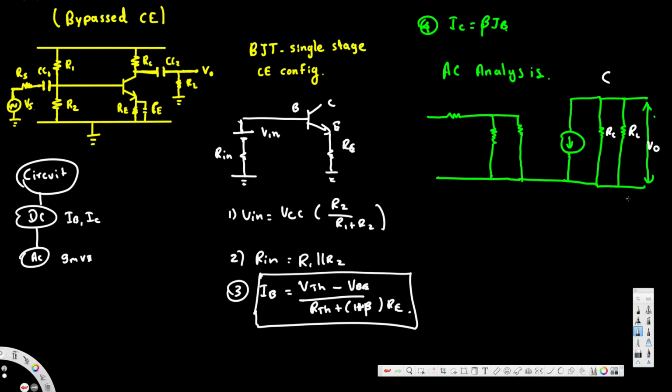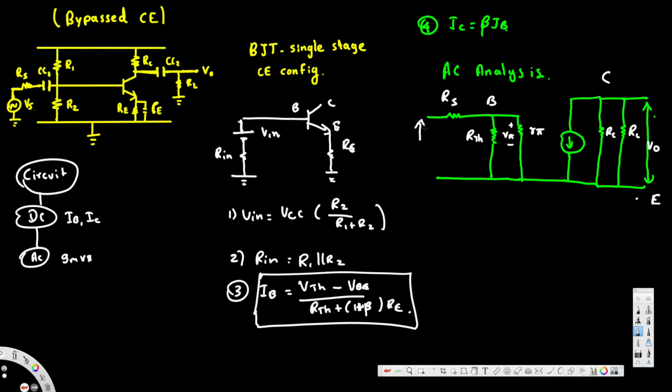Here we have emitter, this one is base, and this is RS, and here we have R Thevenin, and this one is R5, and the voltage across R5 is V5.